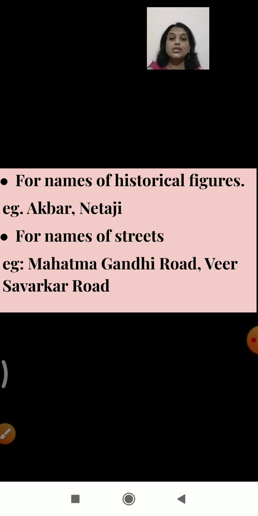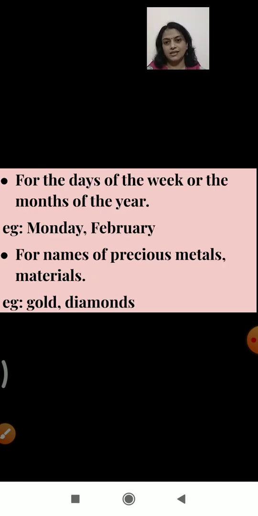Then for names of historical figures, example, Akbar, Netaji. We do not say the Akbar, the Netaji. Okay. Then for names of streets, for example, Mahatma Gandhi Road, Veer Savarkar Road, right? So these are a few examples where you are not supposed to use the articles.